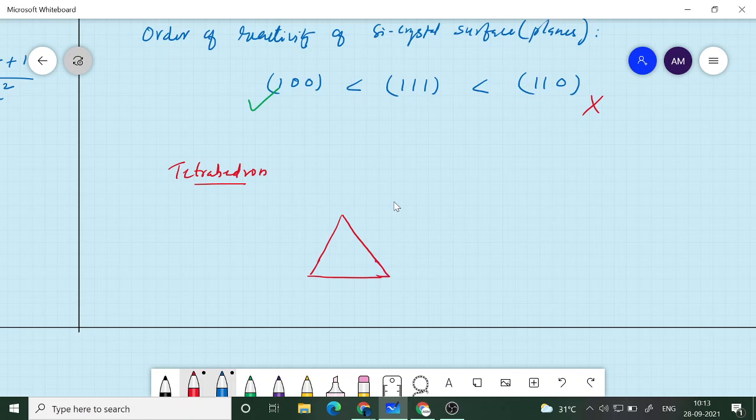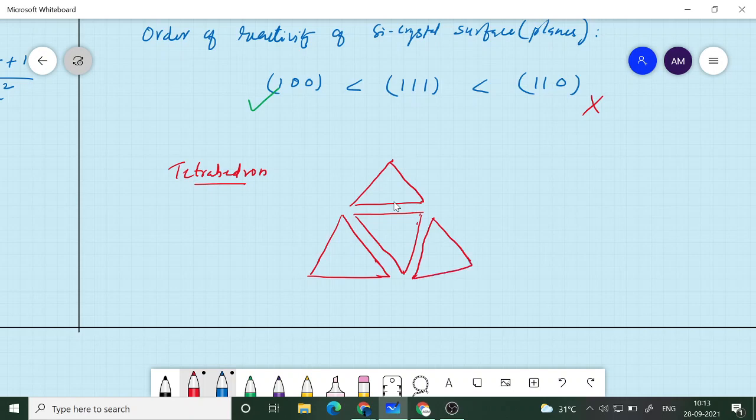Then you make another and put it like this, and another like this, and another like this.